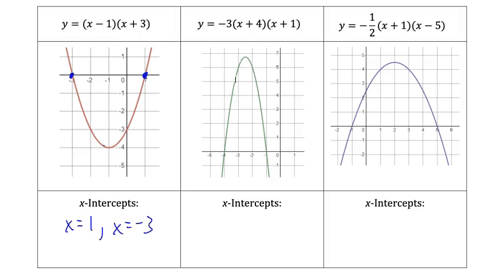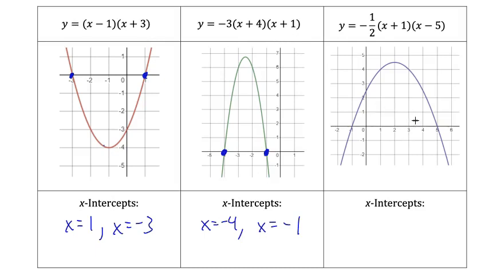Let's see if that pattern holds true here also. For this equation, the x-intercepts are at -4 and -1. And once again, we notice there's a close relationship between the x-intercepts and the two binomials. We had an x-intercept of -4 and an x-intercept of -1.